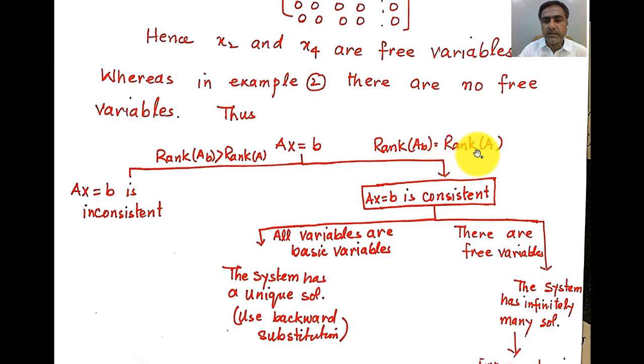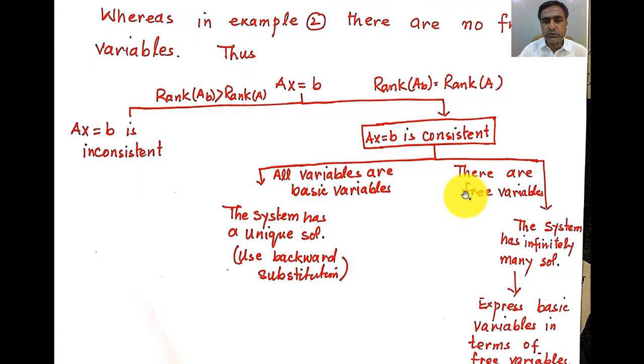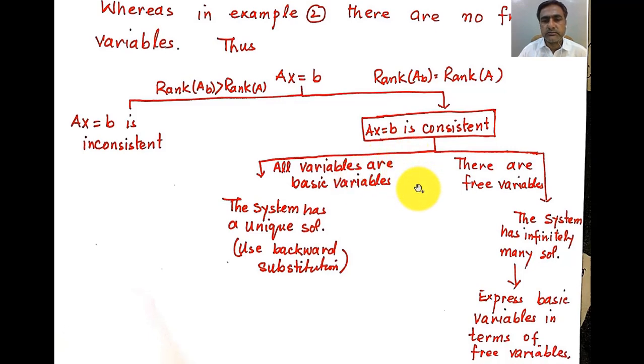If the rank of [A|b] is equal to the rank of A, the system is consistent. And we further need to investigate whether the system has a unique solution or infinitely many solutions, and how we will determine those solutions.